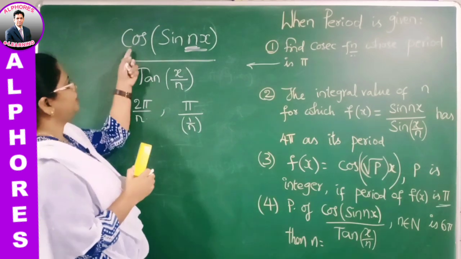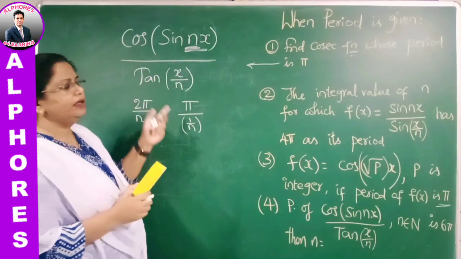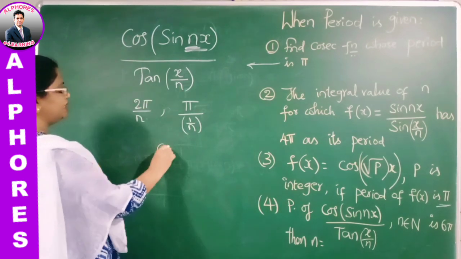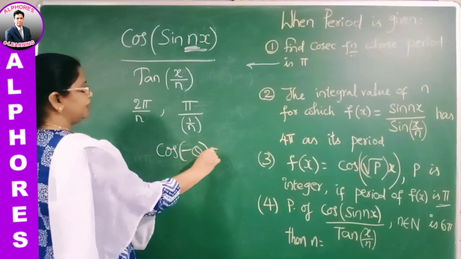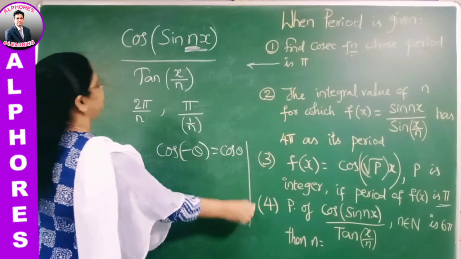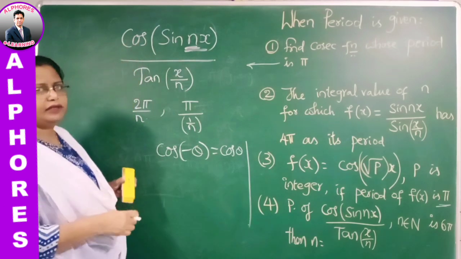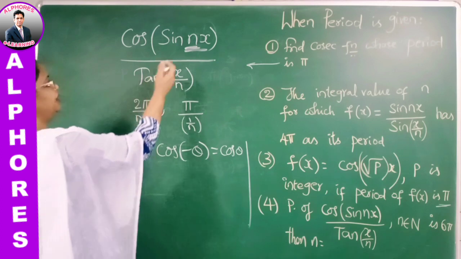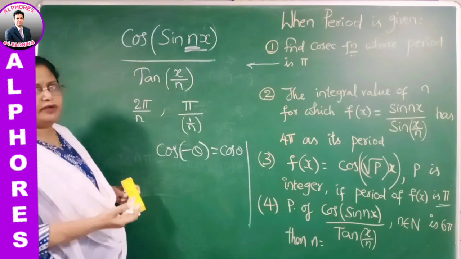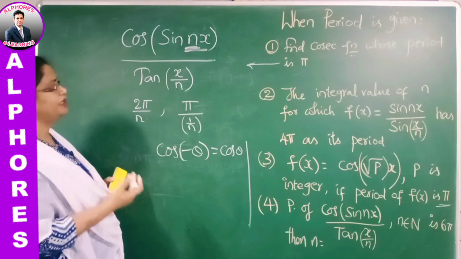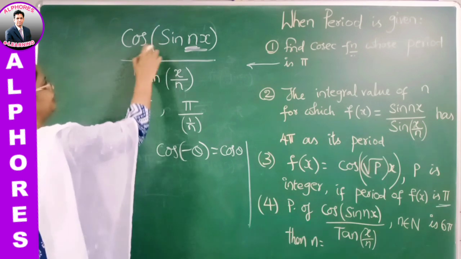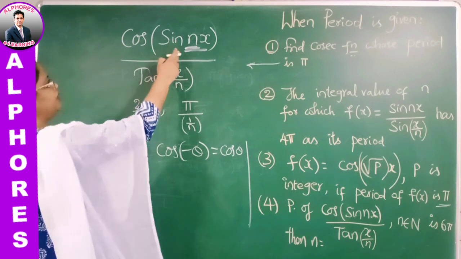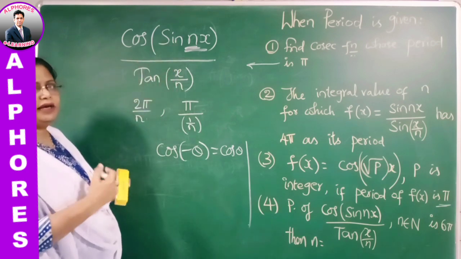But the problem is with cos of, understand, with cos you must be very, very cautious, because cos of minus theta equals cos theta. In the same way, whenever you observe secant also, because secant of minus theta is also secant theta, immediately don't write 2 pi, just check whether a still lesser fundamental period is possible. So instead of 2 pi by n, is it possible if I write pi by n as period?